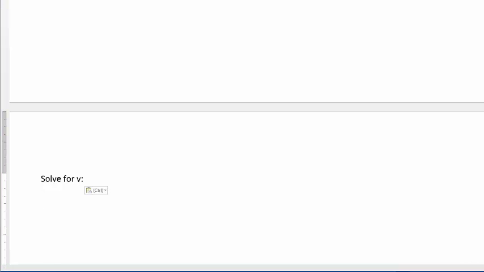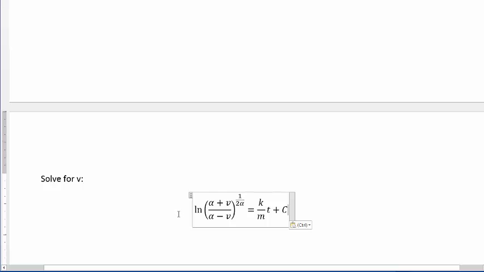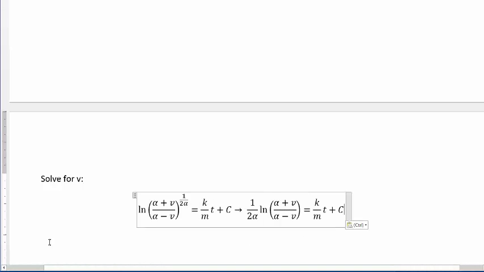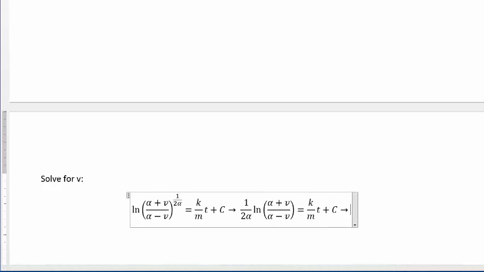Let's take our equation and transform it a little bit. And we'll start by using a log rule by taking this 1 over 2 alpha down as a coefficient. And so we will have that coefficient there.